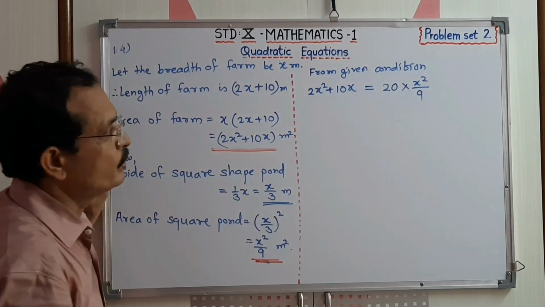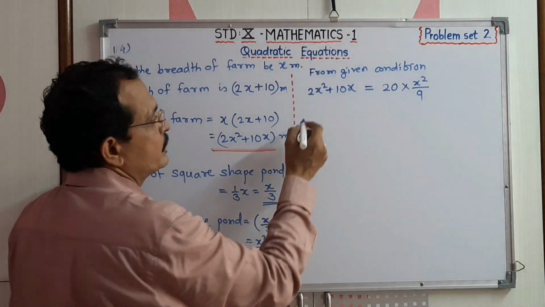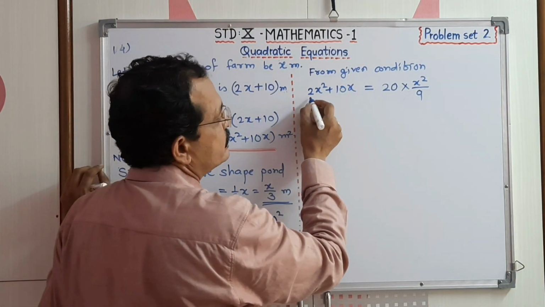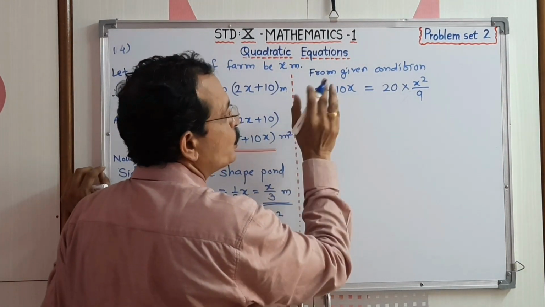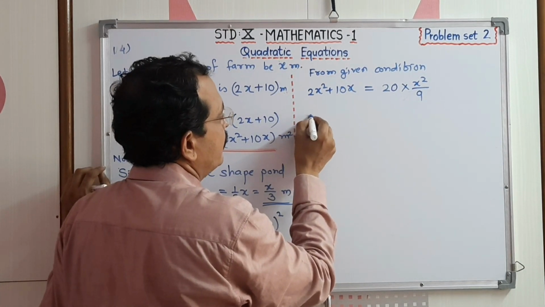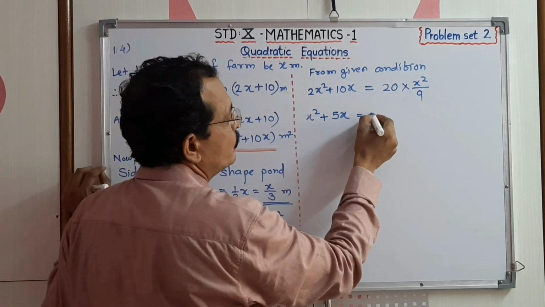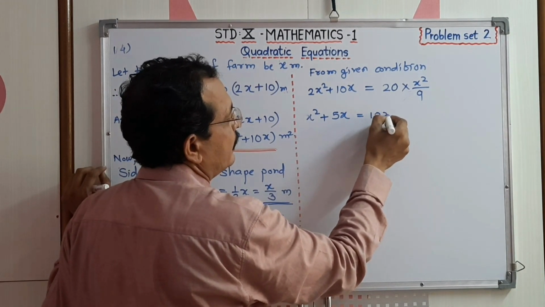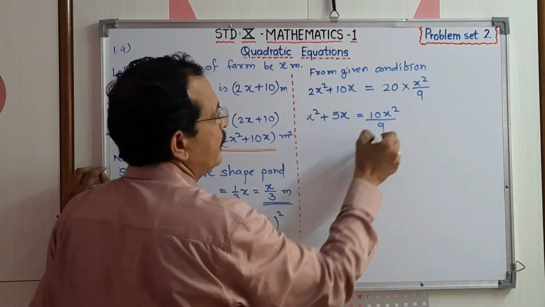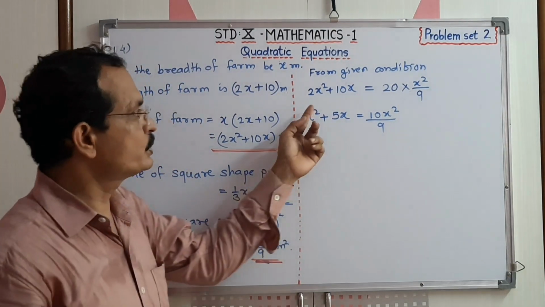Now we have to solve this. For that purpose, if we divide both sides by 2, then we will get x square plus 5x is equal to 10x square upon 9. I think everyone understood this.